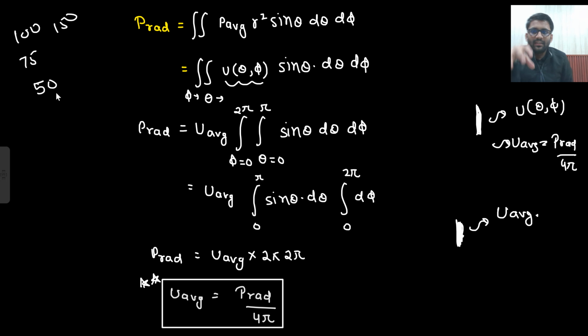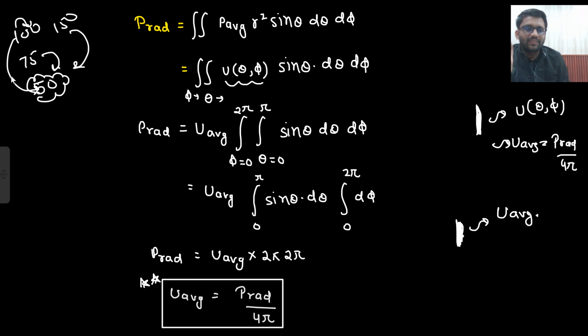You say this guy is getting minimum marks, 50, so you make this a base. What will this guy say? That I am getting double of his marks. This guy will say that I am getting 1.5 times of his marks. And this guy will say that I am getting 3 times of this guy's marks.